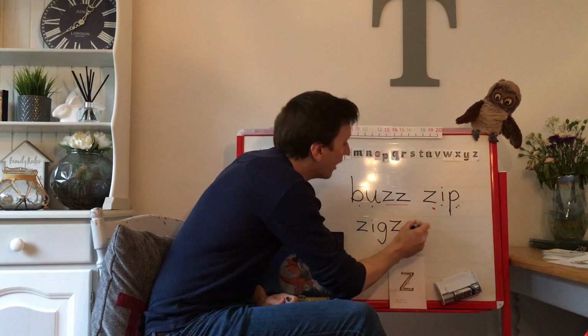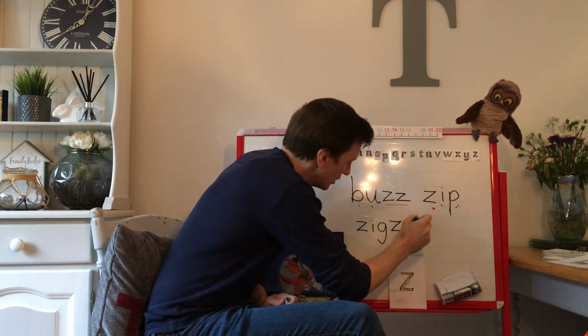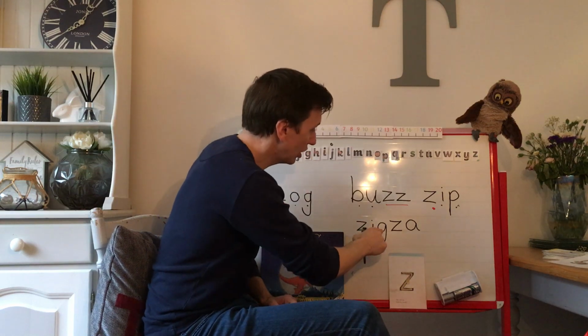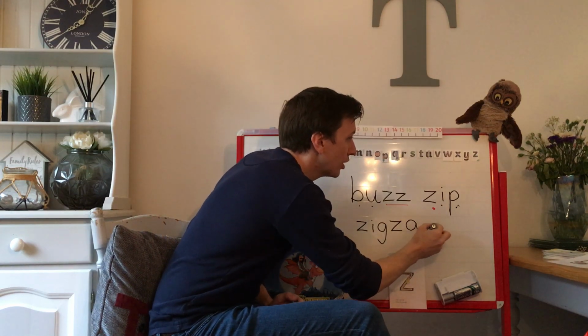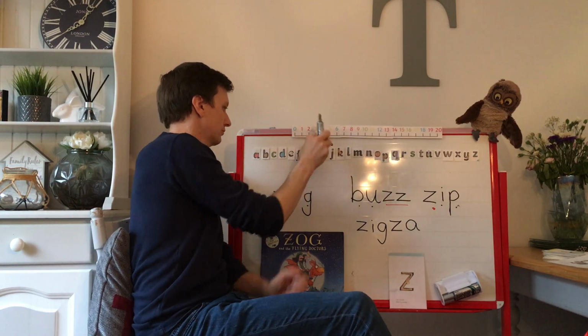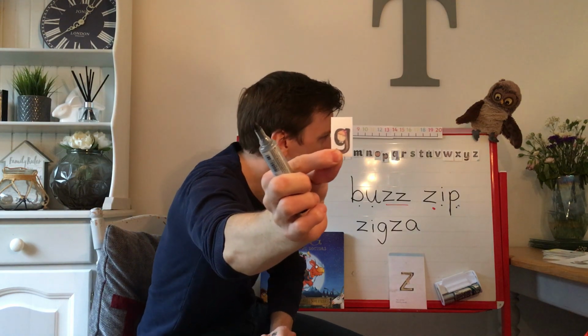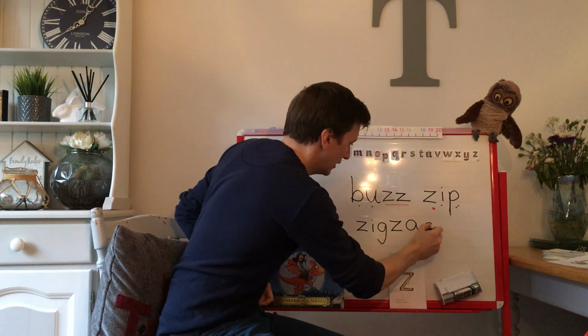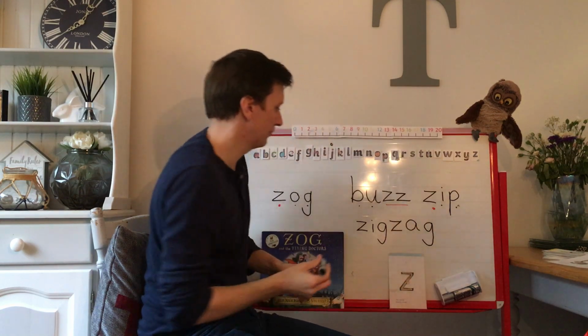Z. We know how to write the apple. Round the apple, down the leaf. And g again. So it's round her face. Remember, here's the girl. Round her face, down her hair and give it a curl.